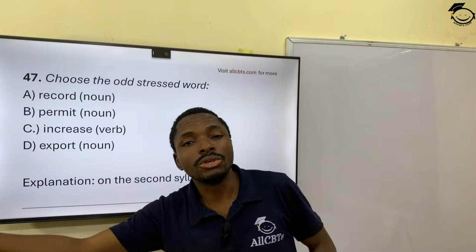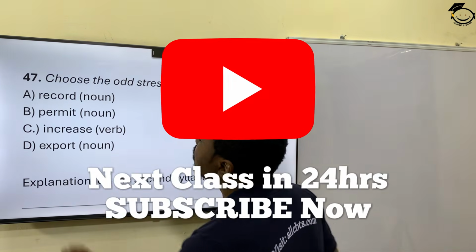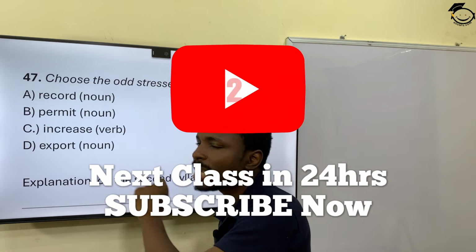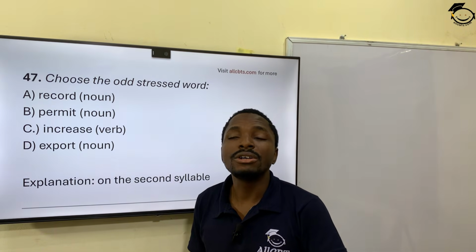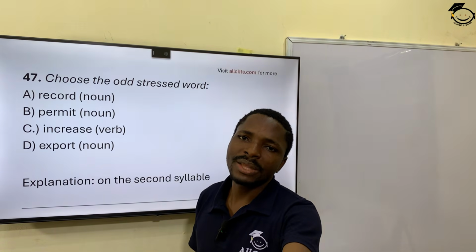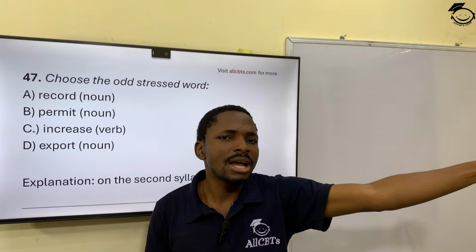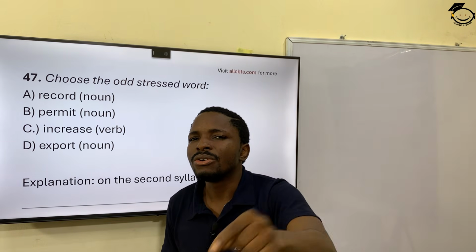part or type of the word, so that you don't be confused. What do I mean? Look at it. Record. That's the name of something. Record is like a tape recorder. Take this record. Take this track to the artist. So where is the stress on record?